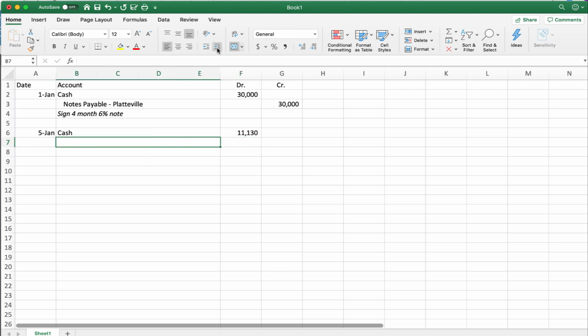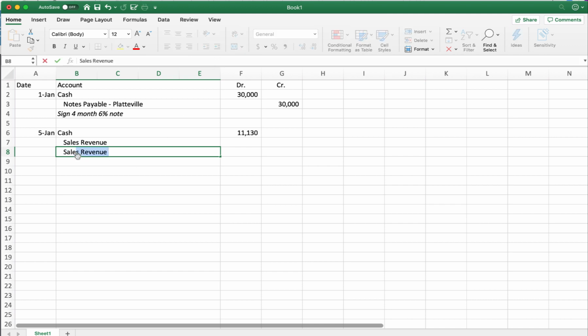Now, some of this is going to be for sales revenue. And bear with me here. Sold merch. Yep, sales revenue, okay? And then some of this is going to be sales tax payable.